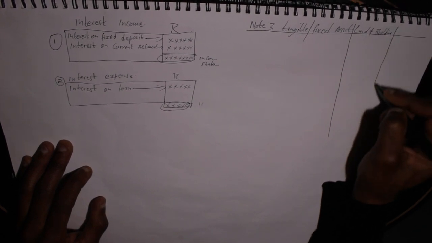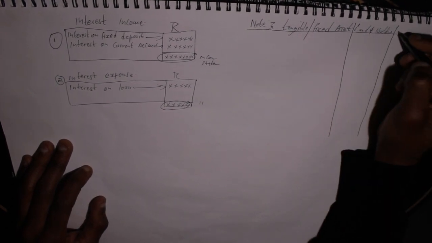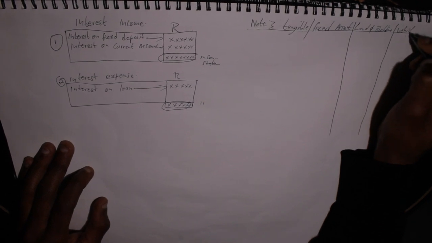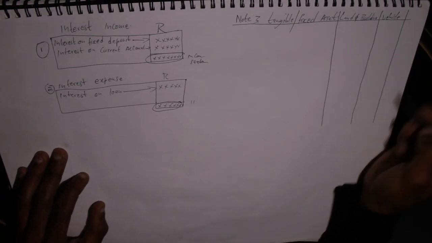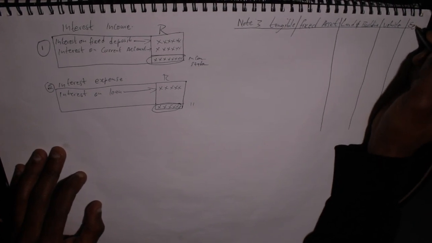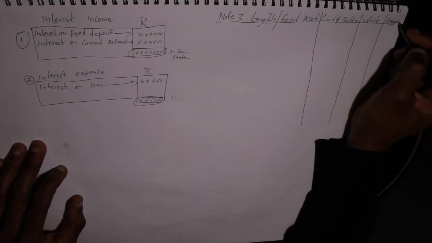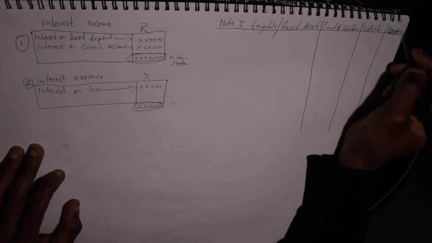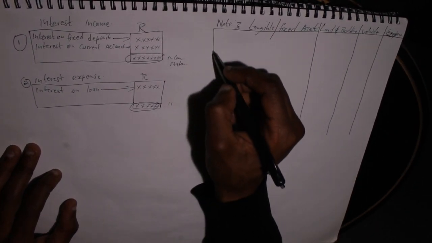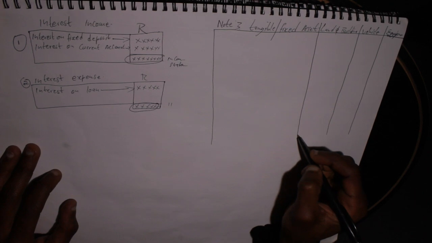And then another item will be your vehicle, and we also have your equipment. These are just examples of all the tangible assets the business might have. So the note looks like this.